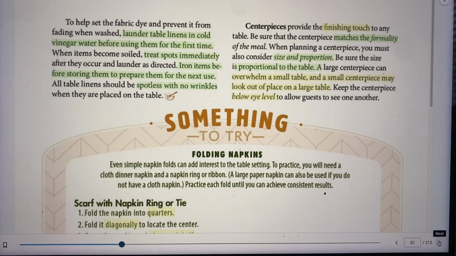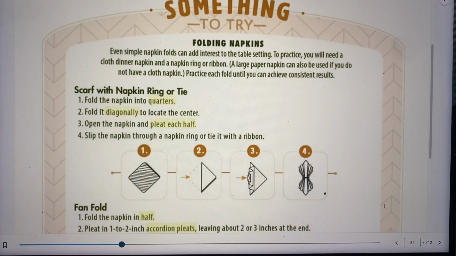So they should not overwhelm a small table. If it's a small table, a small centerpiece. If a large table, it's good to have a larger centerpiece, but keep the centerpiece below your eye level. I've had big centerpieces in the middle and we've had to move them because we're talking to somebody across the table, right?